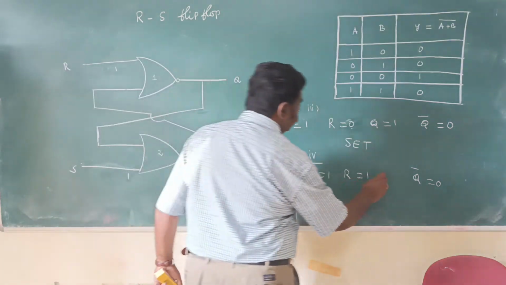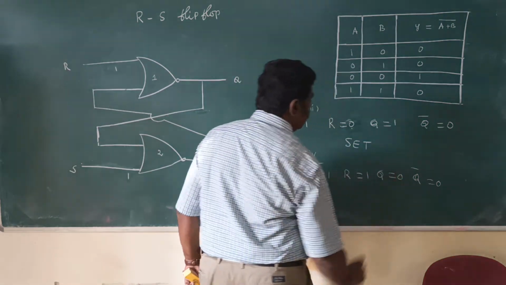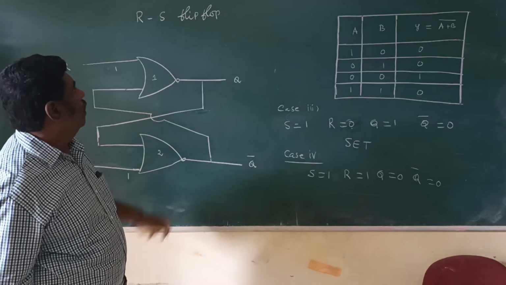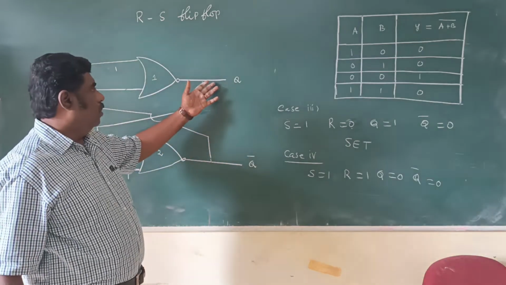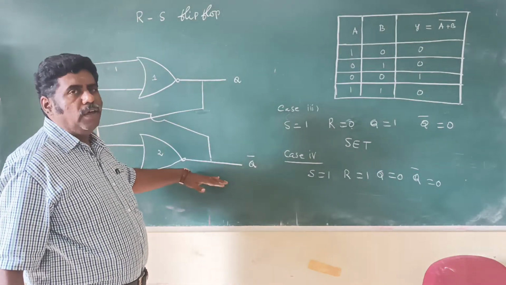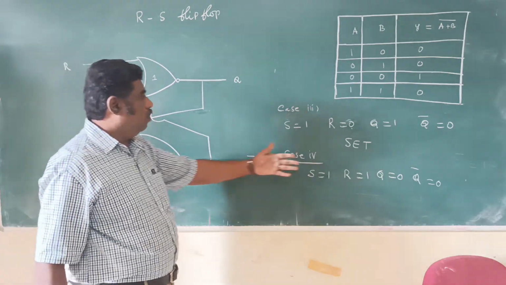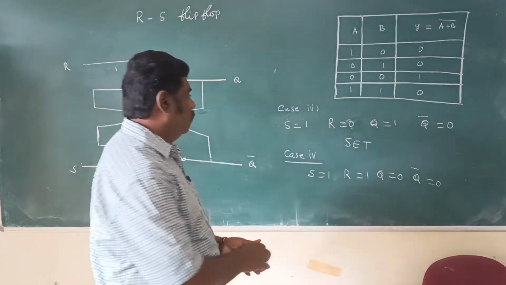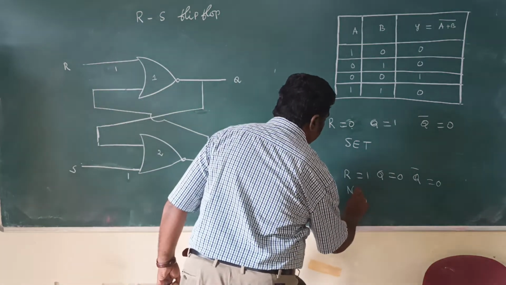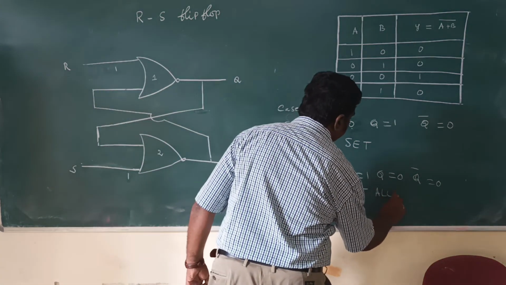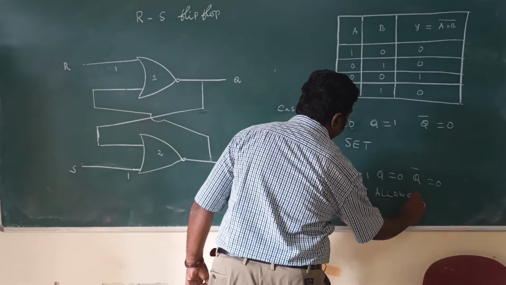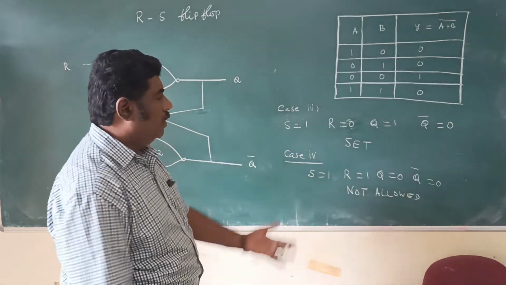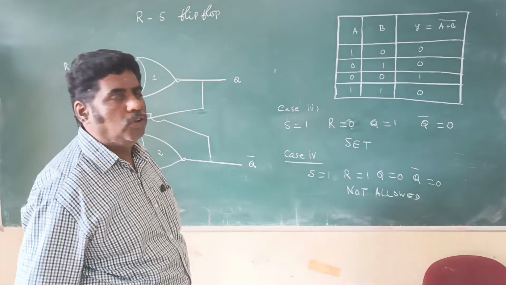So the value of Q is also 0. But in our RS flip-flop, one output should be the complement of the other. But here both the outputs have the same value, which is not allowed. So this condition is called the not allowed condition. If both the inputs are high, the condition is stated as not allowed.